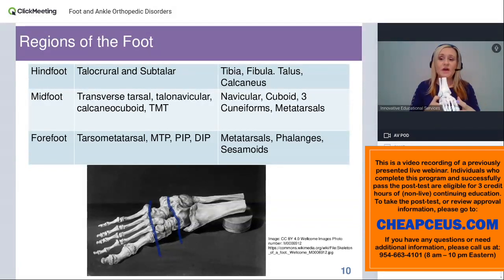So whenever someone has a pathology where they either have not been moving their foot because of pain or restrictions in different regions, or they've been immobilized for a period of time, we do need to make sure that we look at those midfoot joints as well as the forefoot joints to ensure that mobility is restored to them so that overall the arches of the foot and the different lever systems are functioning the way they should. And then our last region of the foot is this forefoot region, which is going to be our metatarsals, our phalanges in that forefoot.